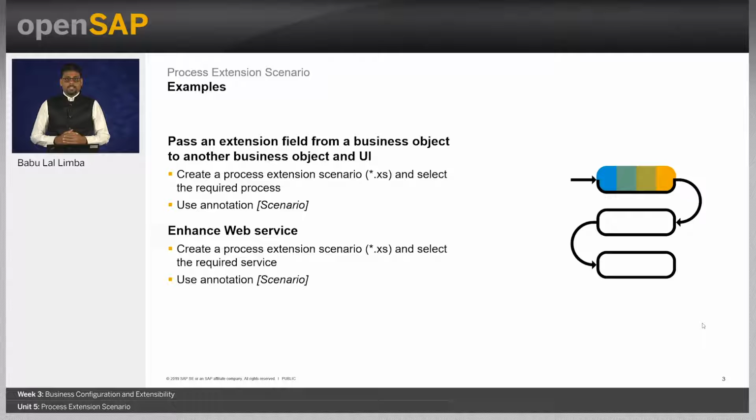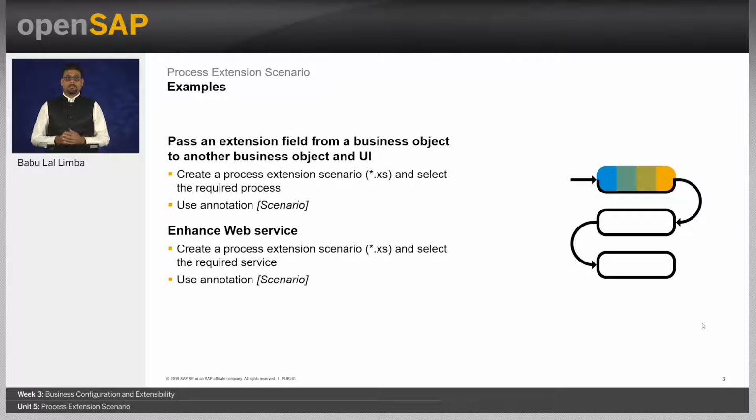In this unit, I will cover two examples of process extensions. First, pass an extension field defined on one business object to another business object in the process. This is very often a case that you extend a BO and you would like the field to be available automatically in the documents that are created as a part of the business process. To do so, first you need to define a process extension scenario, which is a .xs file in the solution, and select the process leading to the target BO.